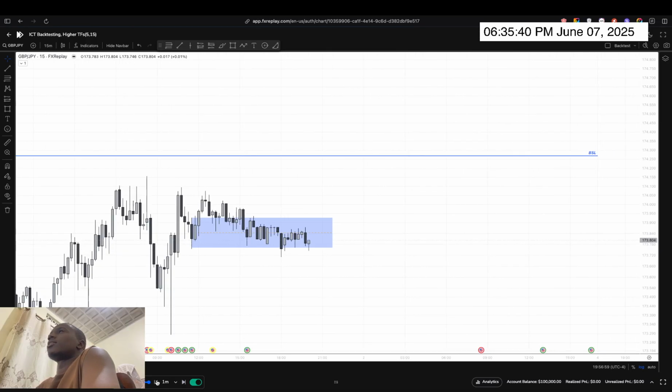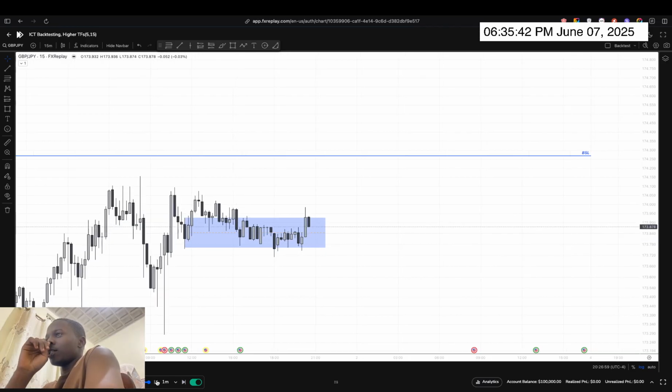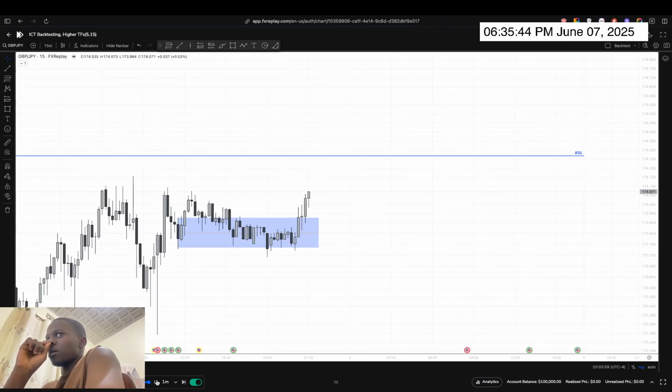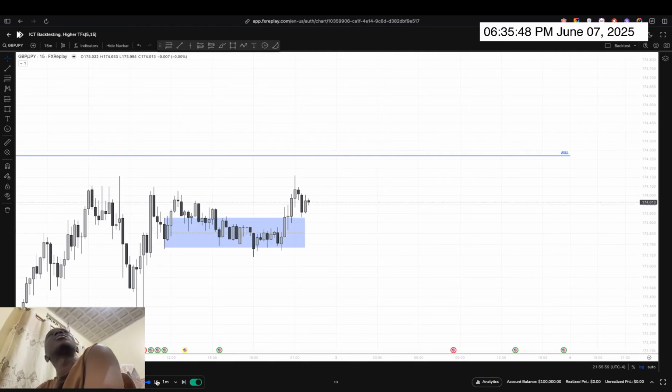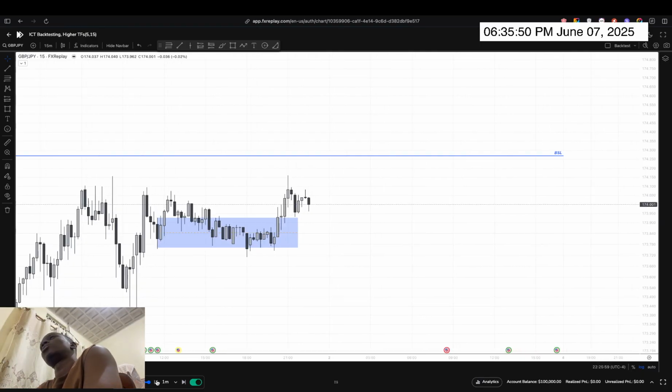So it consolidates. But what sessions is the GBP JPY active? London and Asian, and Asian has just started. It starts in the morning, I guess, like at 2, and this time it would be 14 minus 6, which is 8 their time. So somewhere right here, Asian session starts.